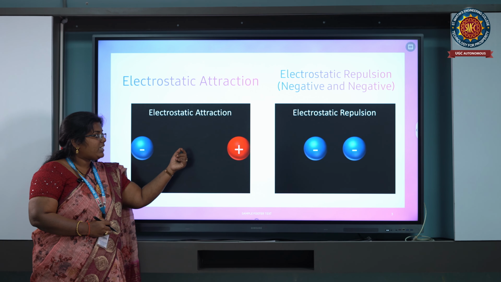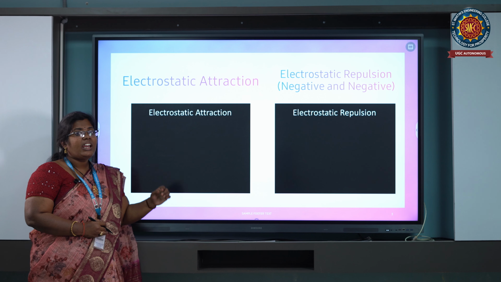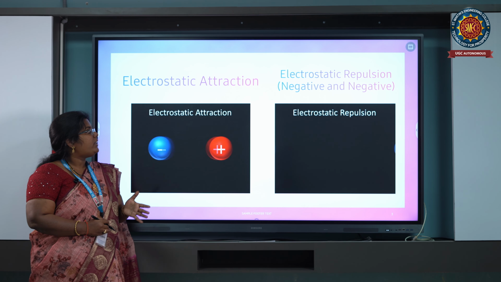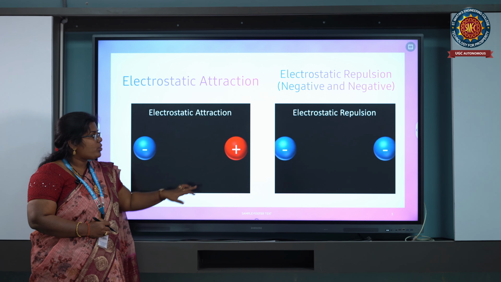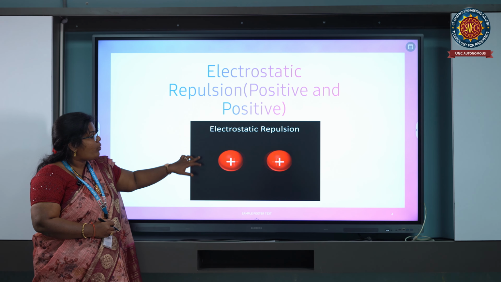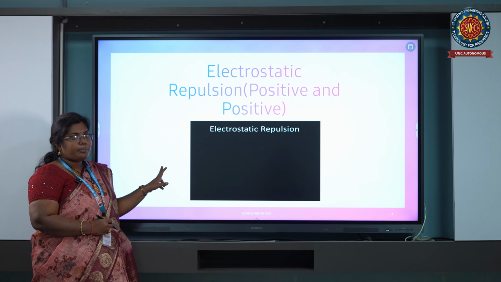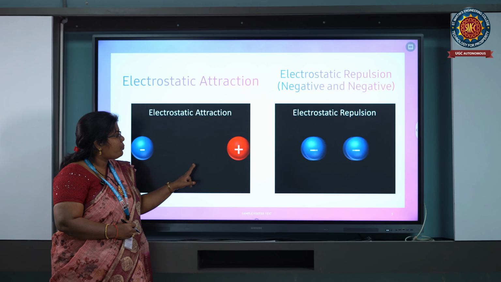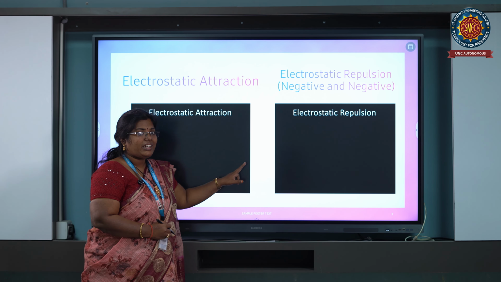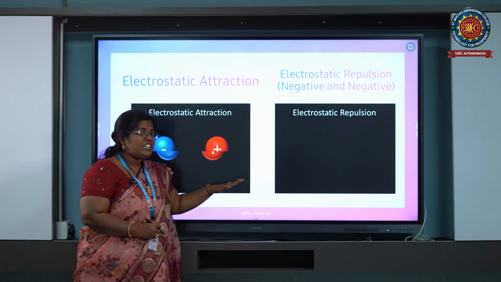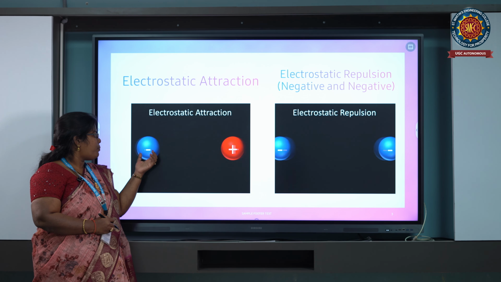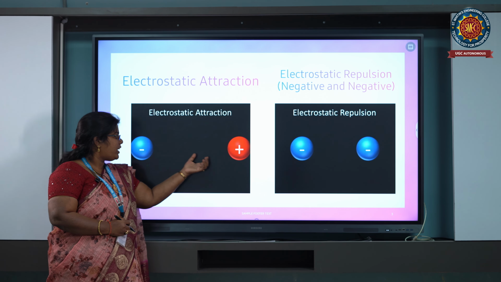Negative to negative is repulsion, and positive to positive is also repulsion. Negative to positive is the attraction of force between each other.